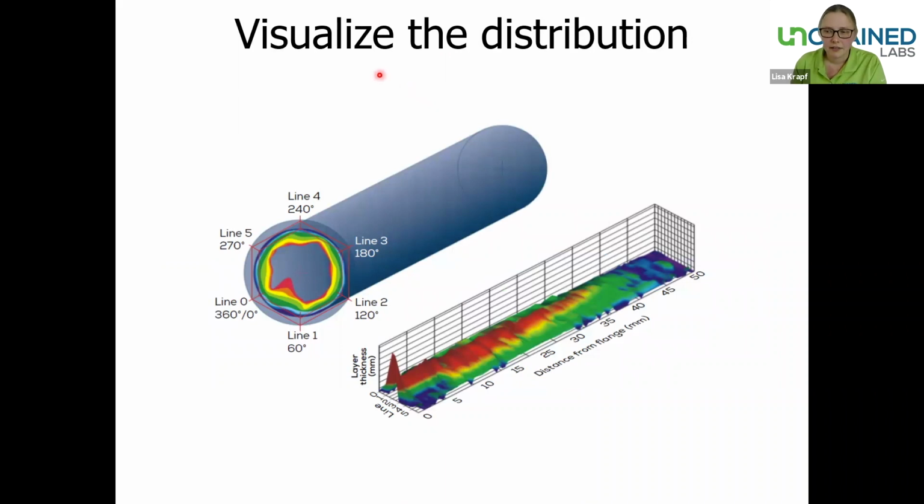Usually you set the system up to measure several angles across the circumference of the syringe. Here is an example where you can see how this can be distributed, usually an equal distribution around that circle.